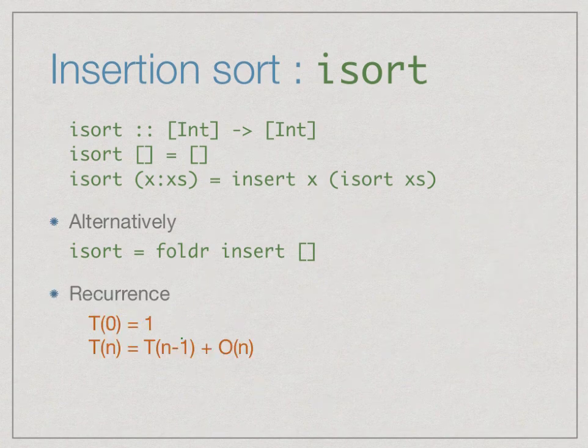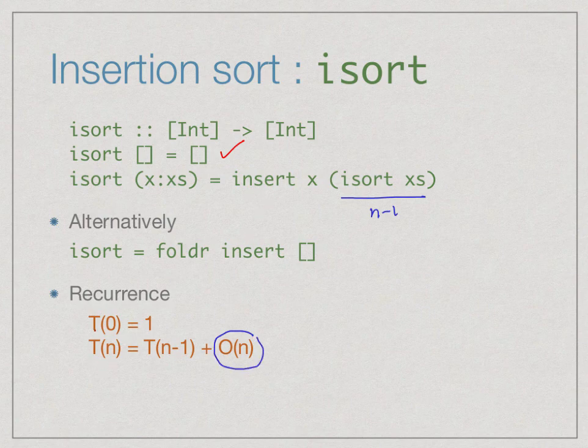So what is the complexity of insertion sort? For the empty list, T of 0 is 1, because in one step we get back the empty list. For the non-empty case, we have to first sort n minus 1 elements, and then having sorted them, we have to insert a value into this list, which takes order n time, because remember that the complexity of insert is order n.